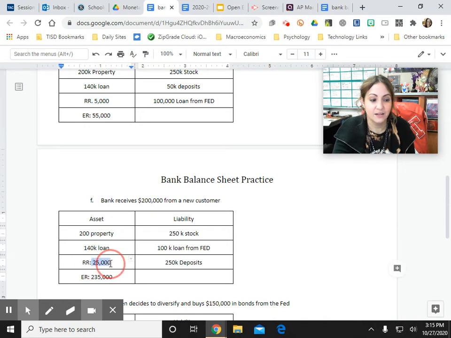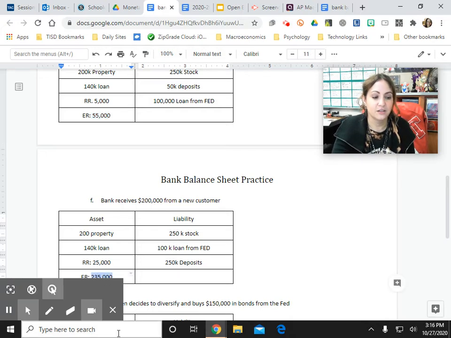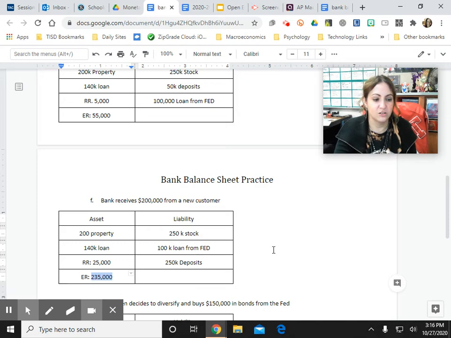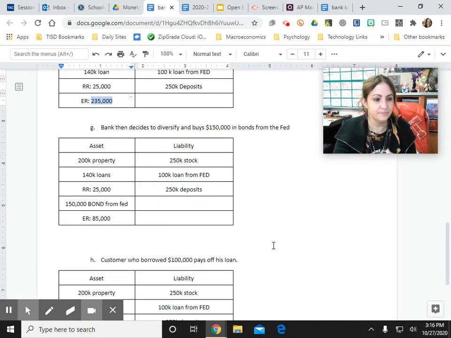Now we're adding 20,000 more because that's 10% of 200,000. And that's why this is now 25, because it was 5 and now we added 20,000 more. And the other $180,000 of $200,000 gets put into excess reserves. There was 55 already there, but if we add 180 to the 55 that's already there, you're going to get $235,000 of just extra money.